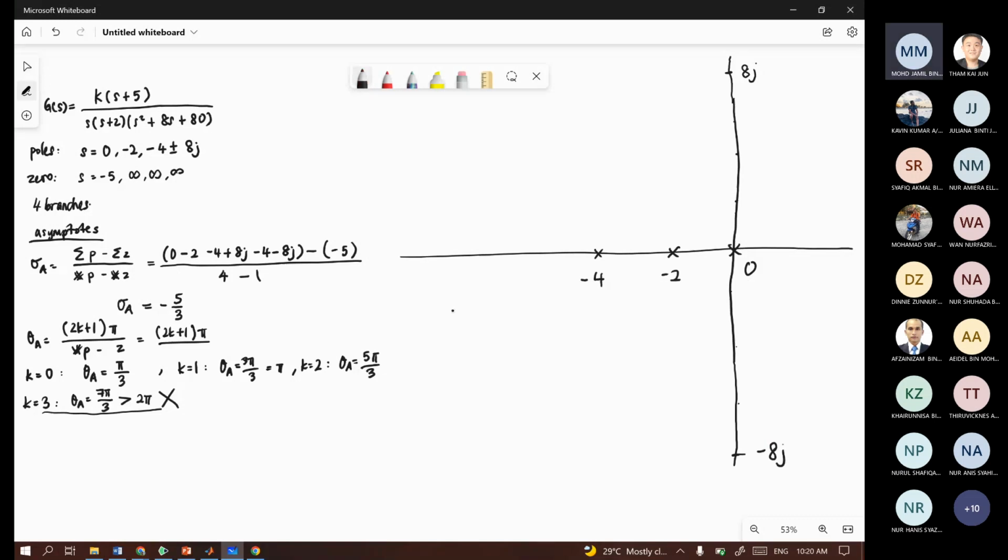And we have poles here and here. Okay, so this is not a pole, sorry. And then zero at -5.